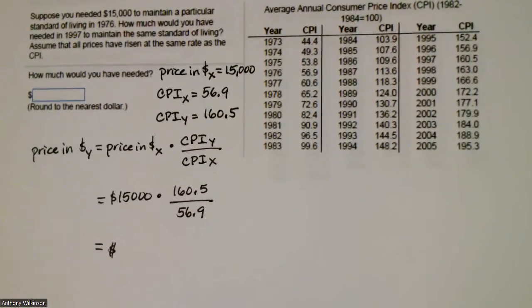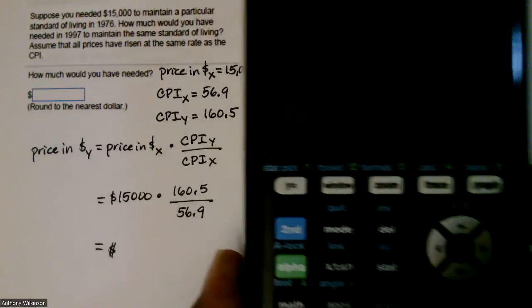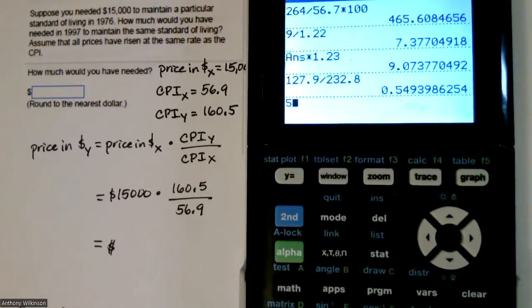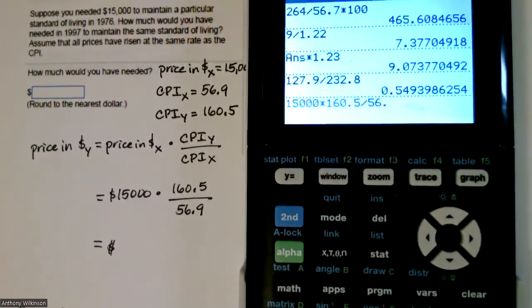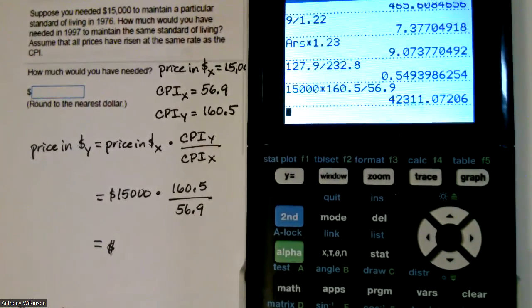Now here we're going to round to the nearest dollar. So that means I'm going to do 15,000 times 160.5 divided by 56.9. So to the nearest dollar, it will be 42,311.